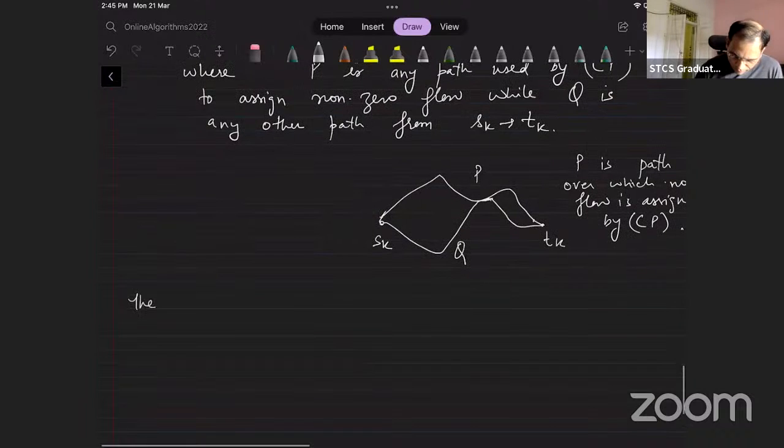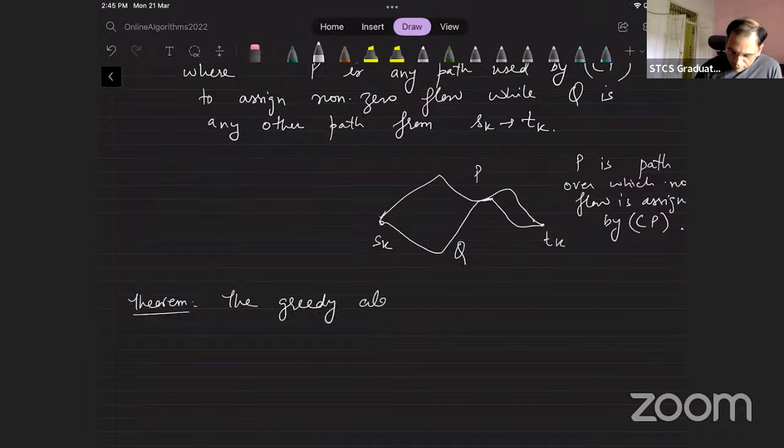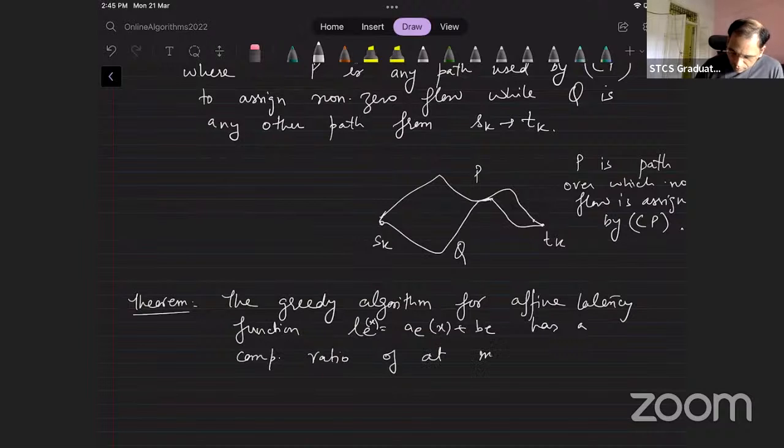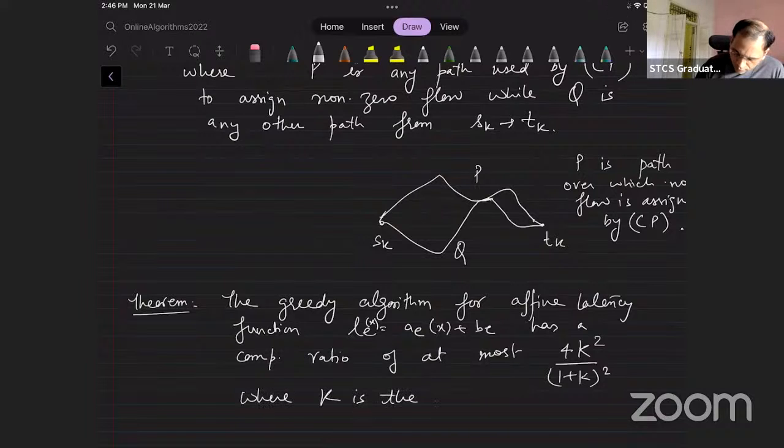So theorem: the greedy algorithm for affine cost function, affine latency function, L equal to X plus BE, has a competitive ratio of at most 4K squared over (1 plus K) squared, where K is the total number of requests.